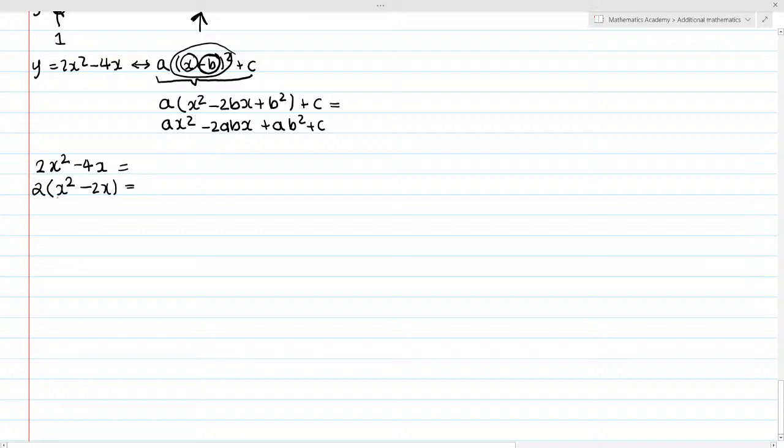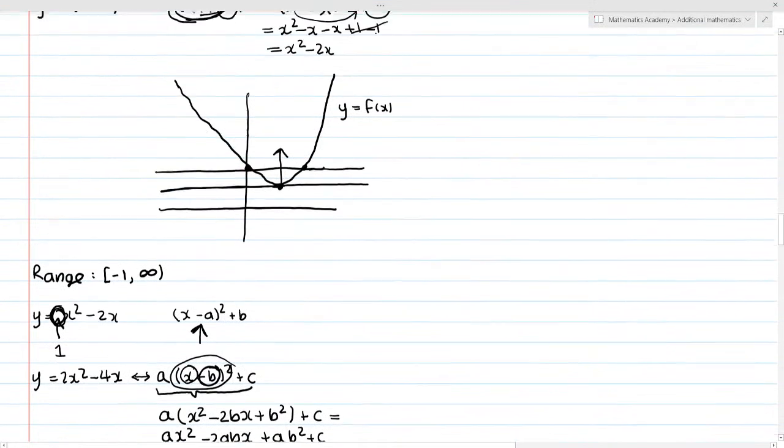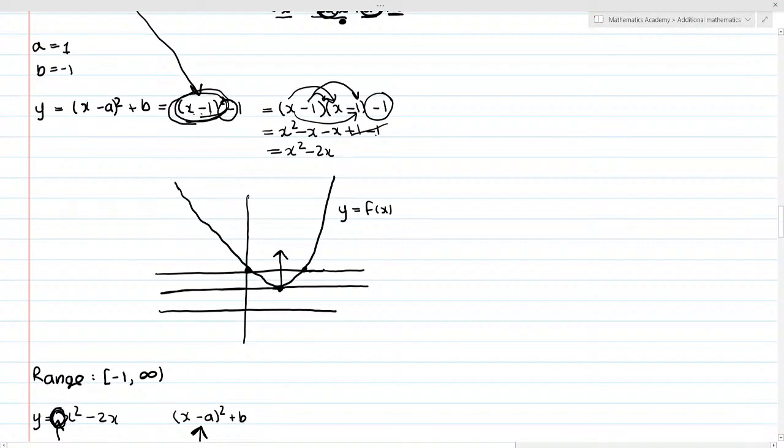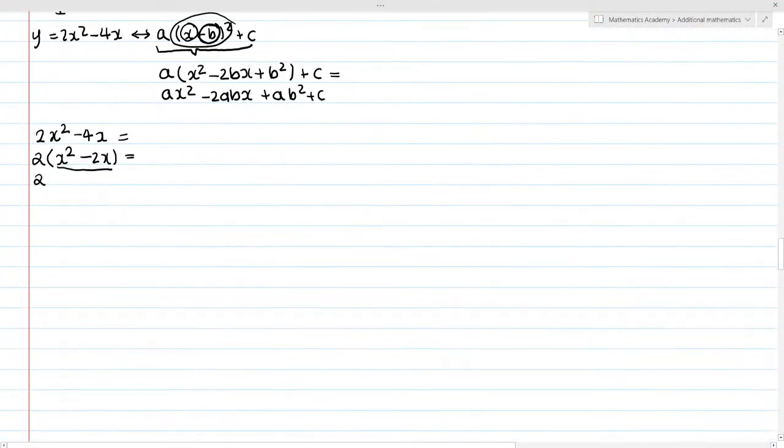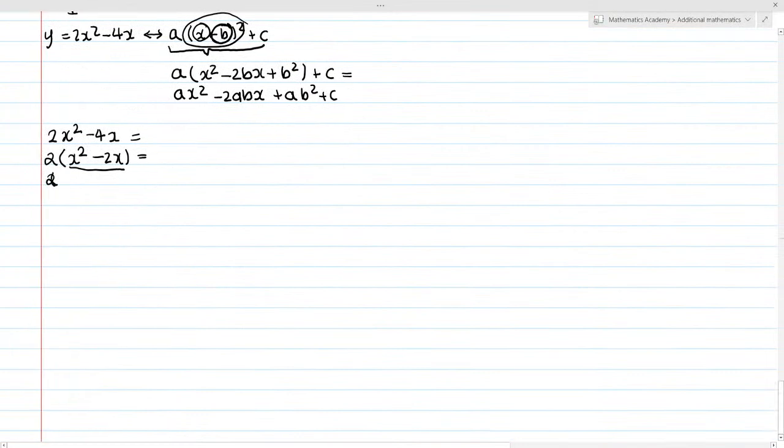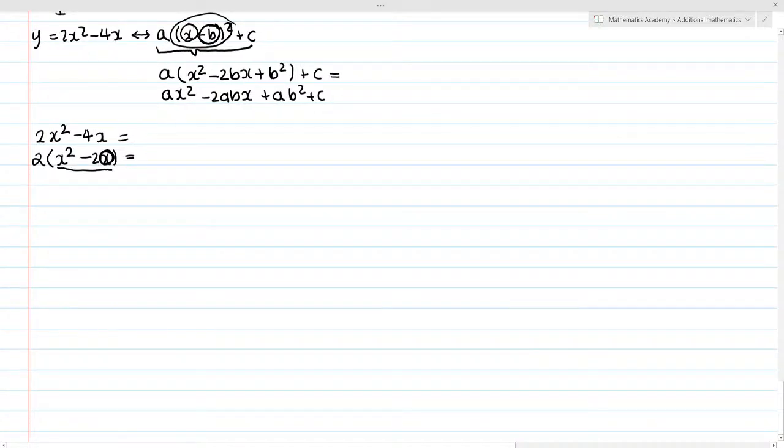And once you have x squared minus 2x, you can complete the square on that as we are used to. And above we saw that x squared minus 2x is x minus 1 squared minus 1. So completing the square is basically trying to get rid of the term which only has x on its own, because that complicates things and doesn't allow us to see clearly where the minimum point is.